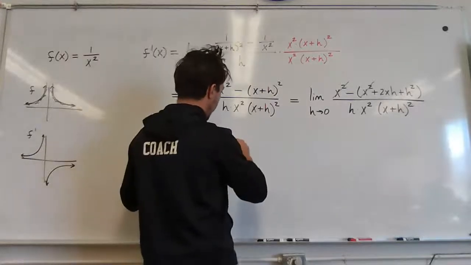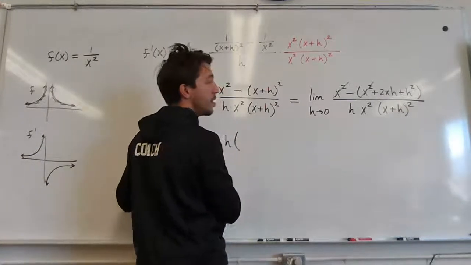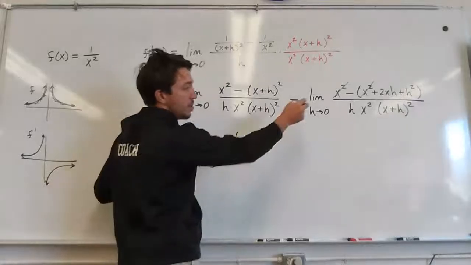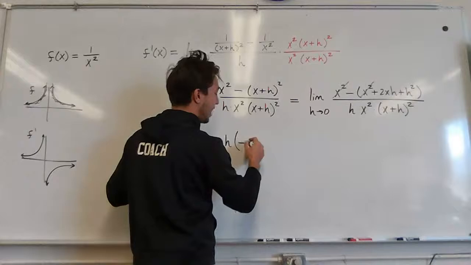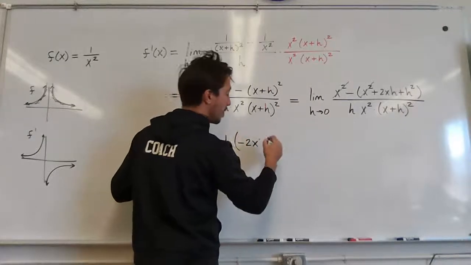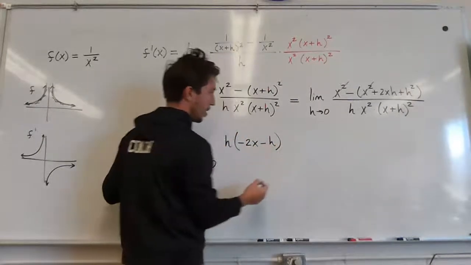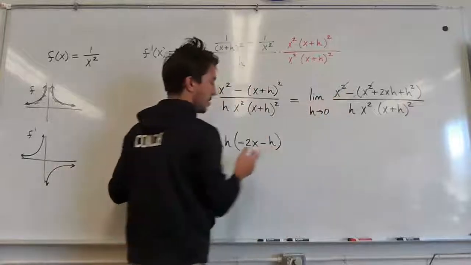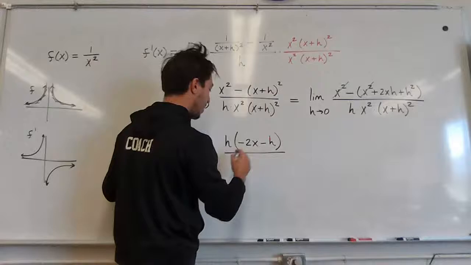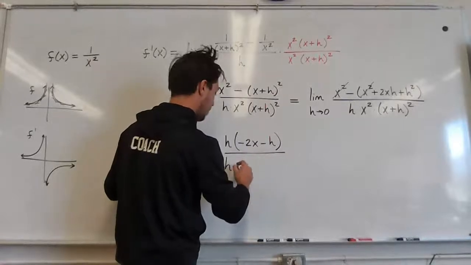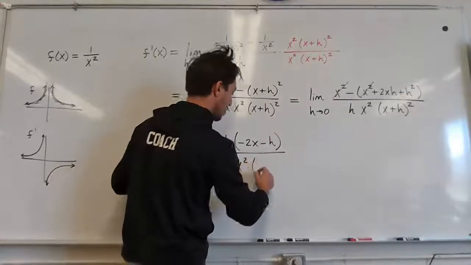So you have an h times, be very careful here, what's the first term? Negative 2x minus h. So be careful with this minus sign here. So this becomes this. And on bottom we have, now we rejoice.